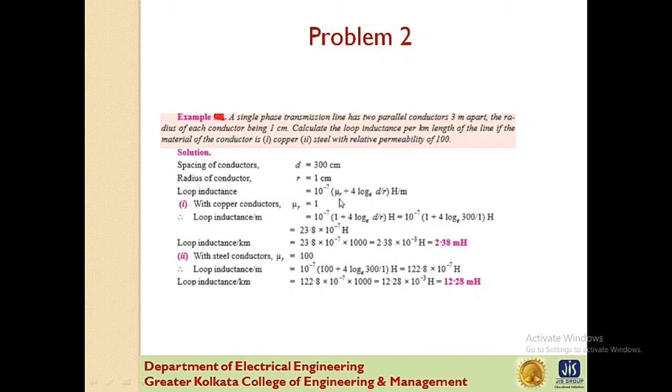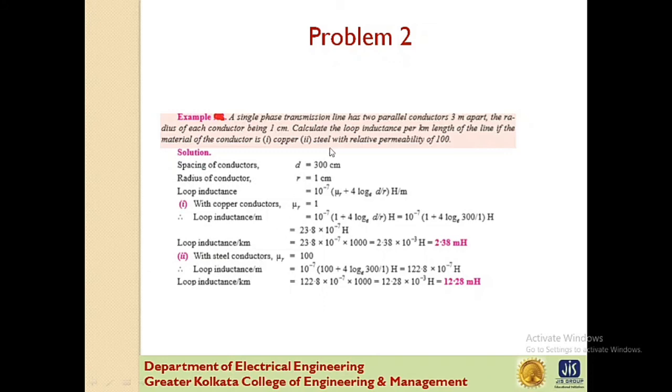So we put μr = 1 and get the loop inductance 23.8 × 10^-7 Henry per meter. Multiplying by 1000, we get 2.38 millihenry per kilometer.